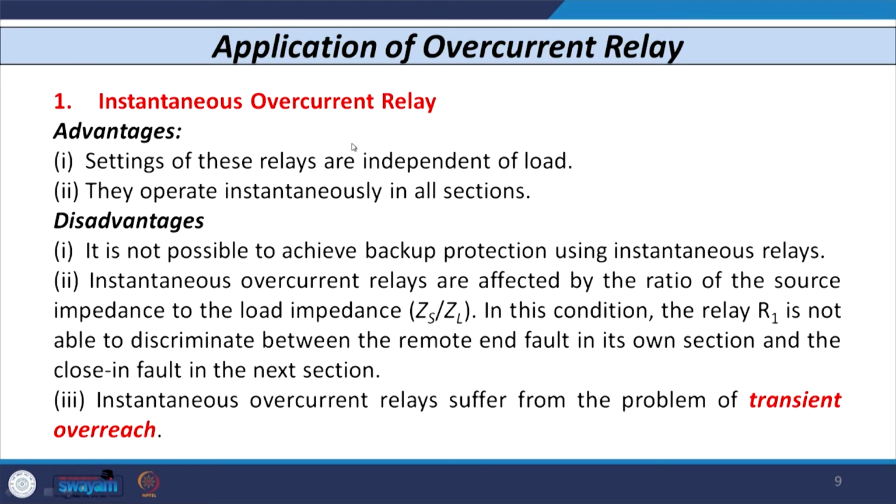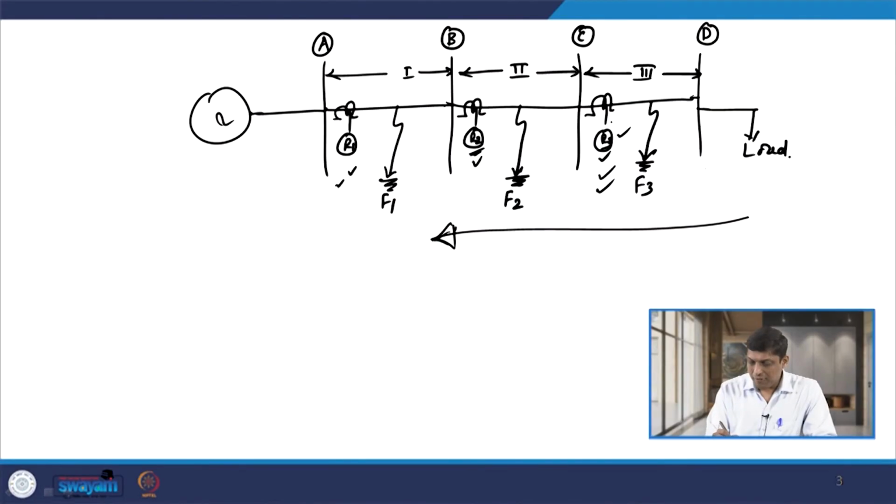Now, let us consider the disadvantages of instantaneous overcurrent relays. The first disadvantage is that it is not possible to achieve backup protection. What is the meaning? If a fault occurs in section 3, say at F3, R3 has to operate as the primary relay, and it operates instantaneously. But if for some reason R3 fails to operate as the primary relay, then R2 has to provide backup.